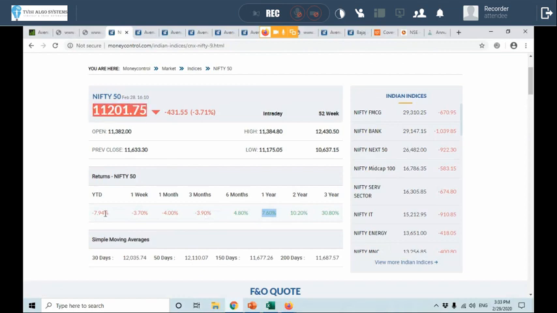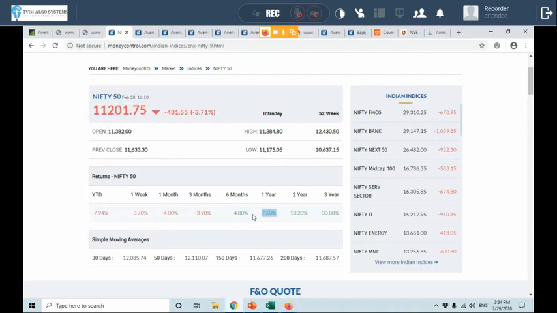But obviously this year because of this last 7 days fall, last 7 or 8 days it has fallen by 9%, and still it has been able to give 7% returns. So 7 plus 9, roughly about 16% returns on an average.